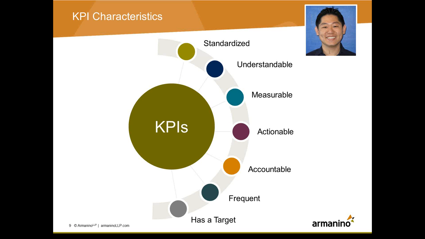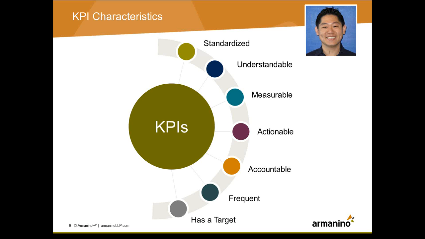The second characteristic of a KPI is that it has to be easily understood by everyone. If it's not easily understood by everyone in an organization, then obviously there's no use, because it's not really giving them good performance metrics to track against.